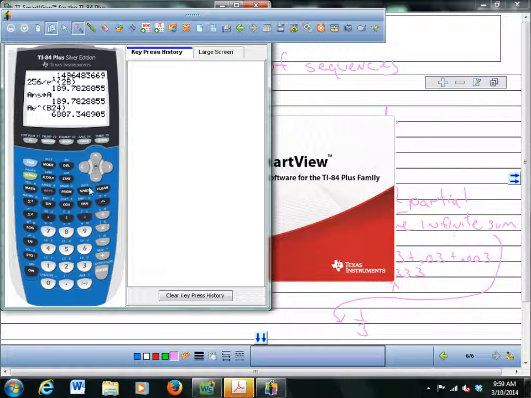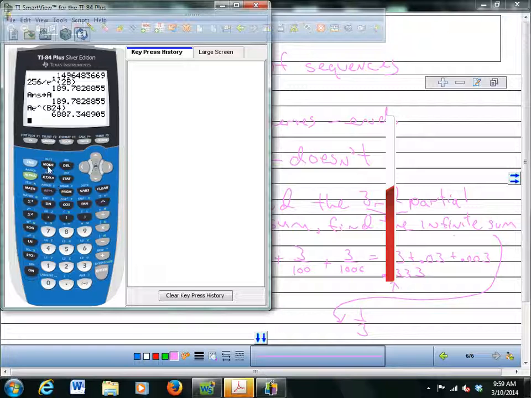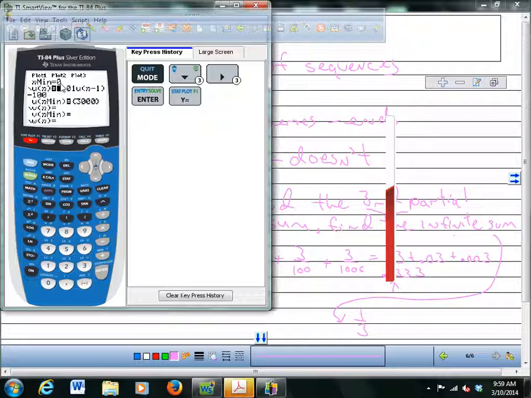So first of all, I guess there are other ways to do this. Like you could go to mode, and I might show you how to do this tomorrow. This is how you enter a recursive. You have to choose this sequence mode, and then if you go into your y equals, look at what it gives you.